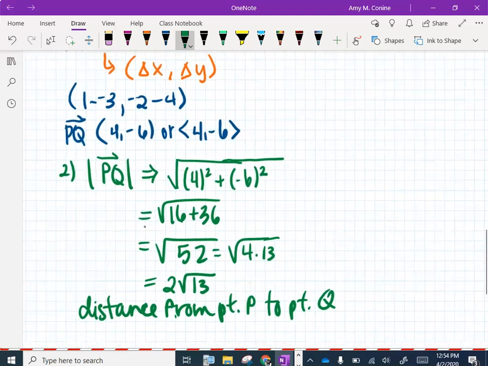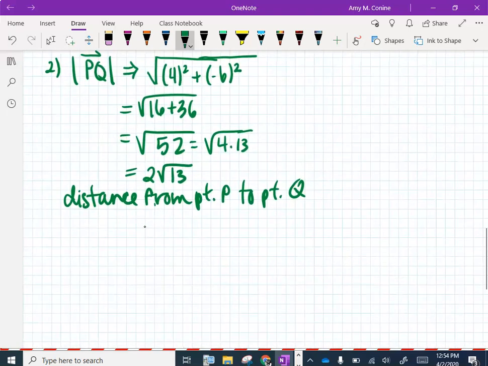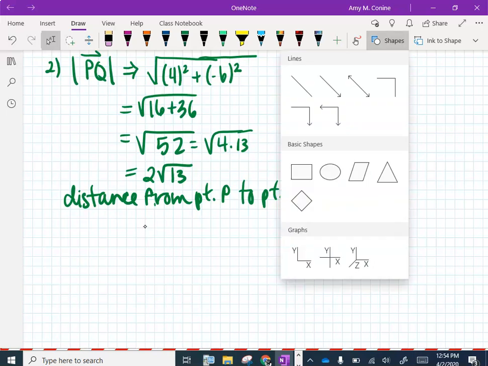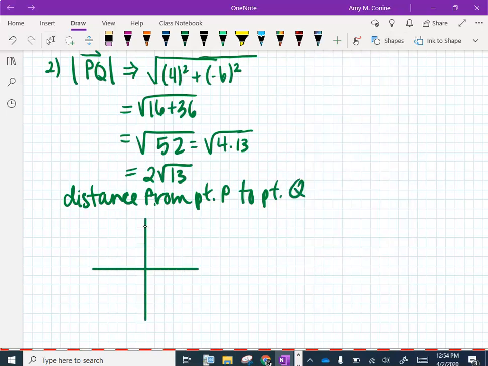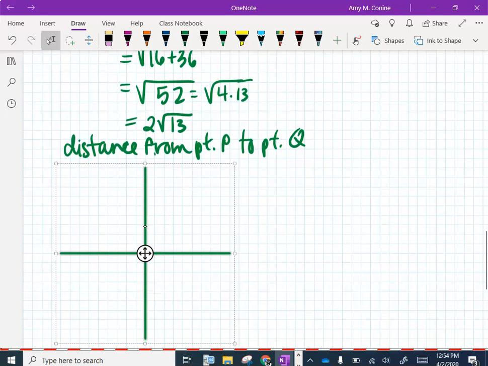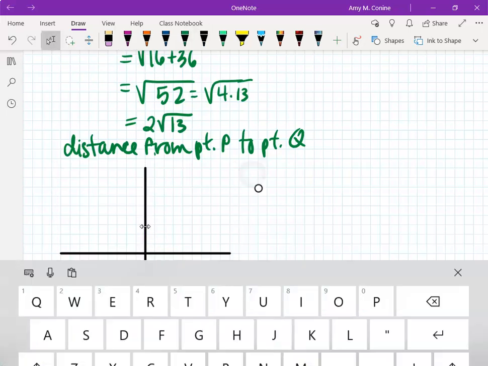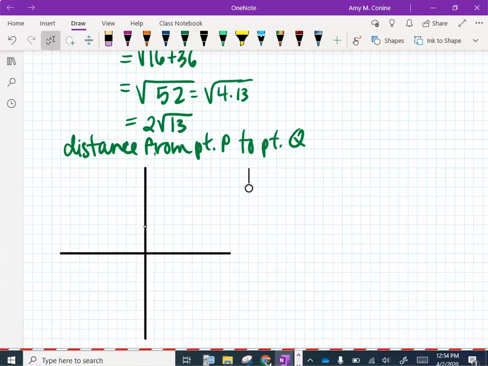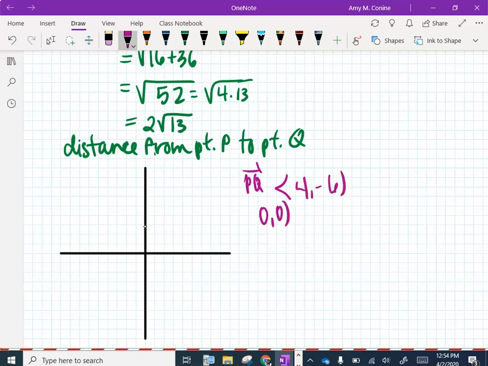So now if I were to graph this, just kind of making sure I have all my ducks in a row so you can see what that looks like. So vector PQ is 4, -6. I'm just going to go ahead and start at 0, 0.